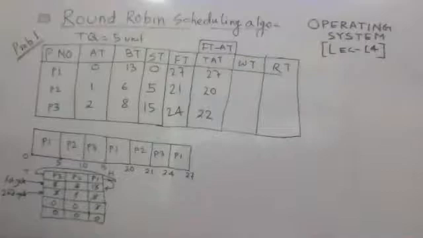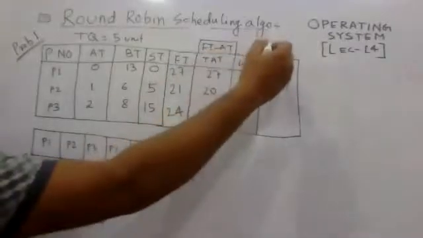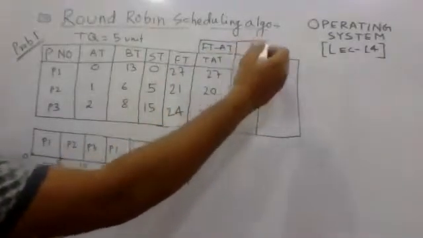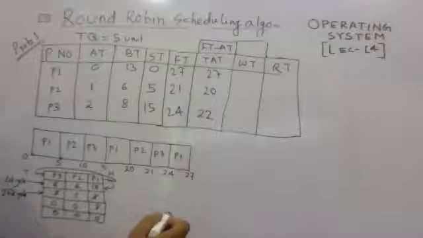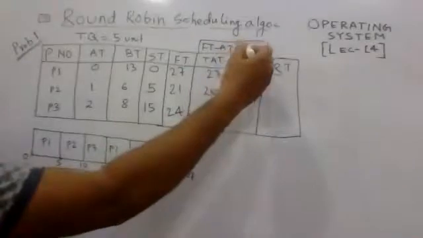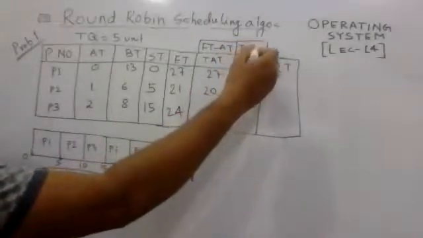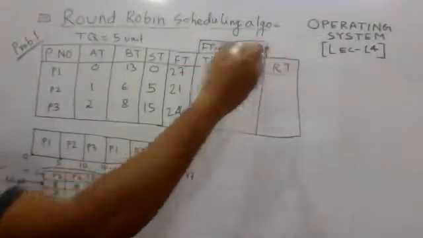Now waiting time. In order to calculate the waiting time, as it is a preemptive algorithm, it is better to use turnaround time minus burst time.